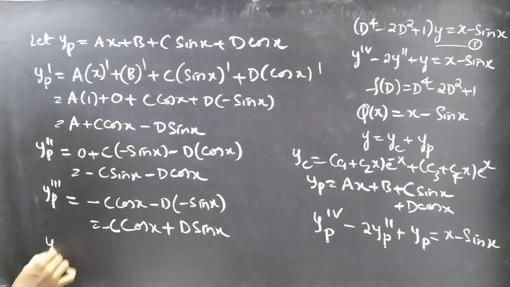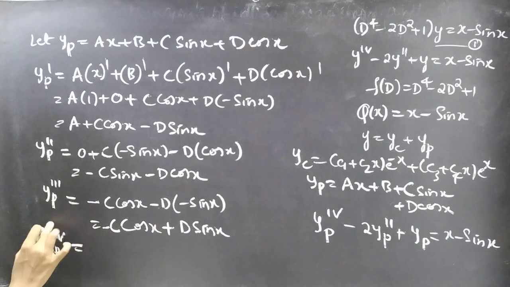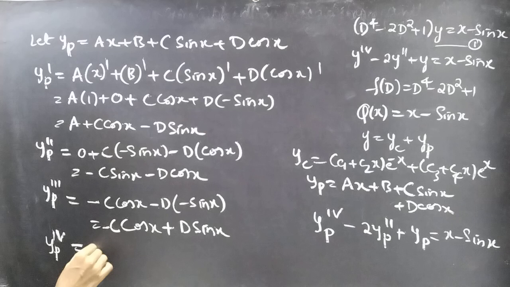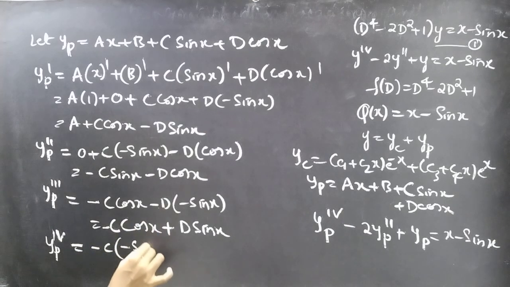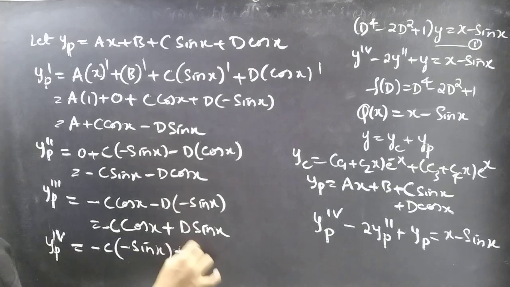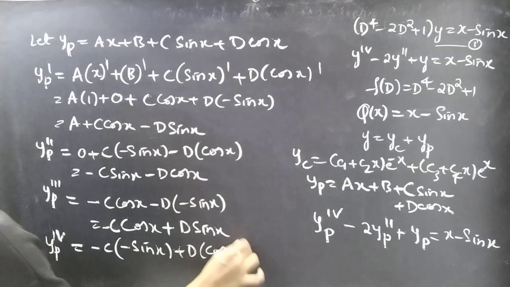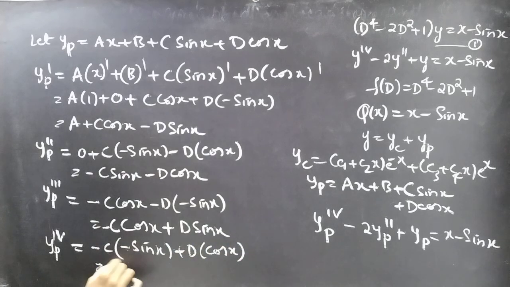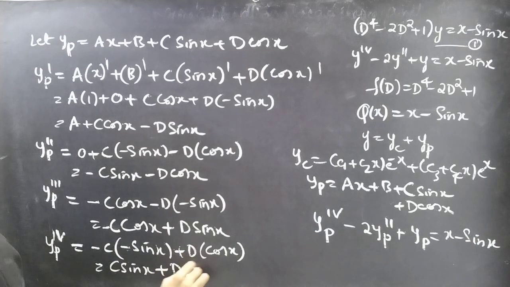Now coming to yp power 4, the fourth derivative of yp. Derivative of cos x is minus sin x, plus d into derivative of sin x is cos x, which gives us minus into minus plus, c sin x plus d cos x.